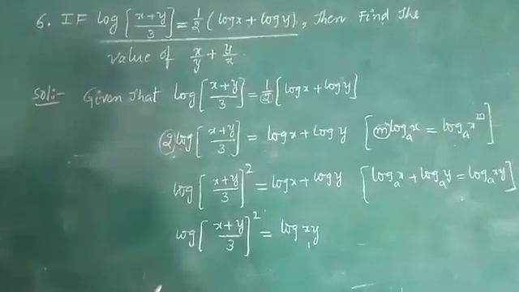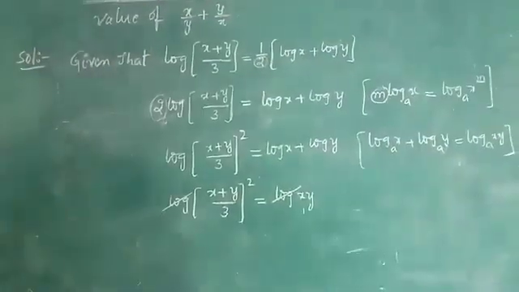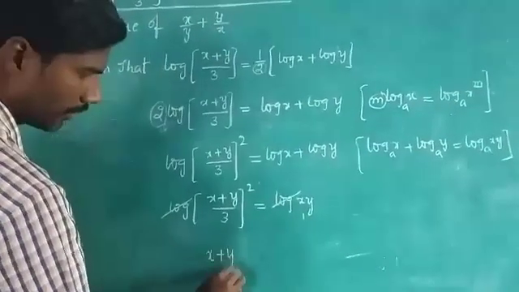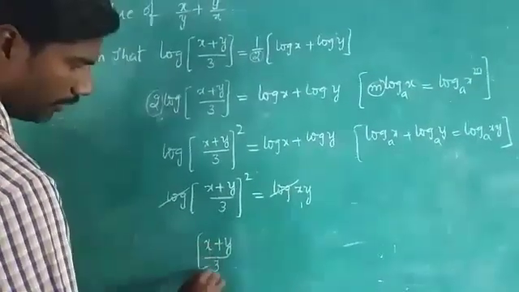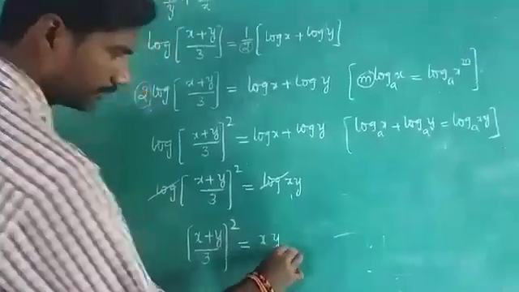So now you can cancel the log. What can you write here is ((x plus y) by 3) whole square is equal to xy.